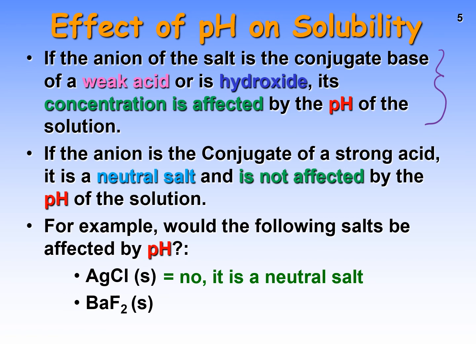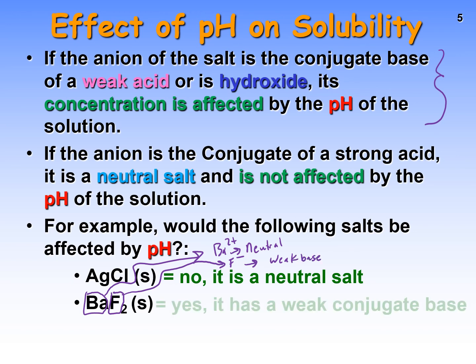If we look at BaF2, we have to break it apart again. Barium is Ba2+, and it's an alkaline earth metal, which, if we remember from chapter 16, is a neutral cation. This guy here is F-, which is a weak base.